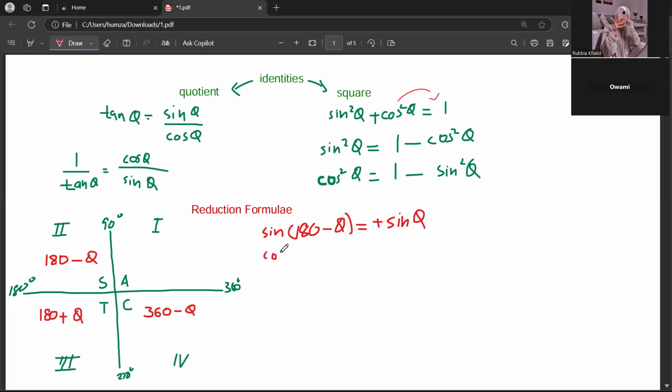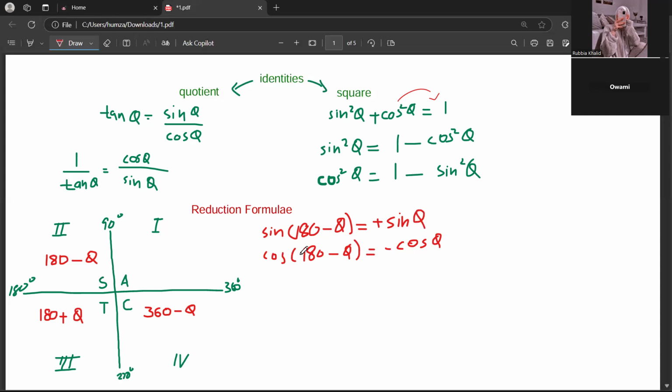Another thing, if I give you cos 180 degrees minus theta, then this means that it is equal to minus cos theta. Why minus cos theta? Because again, 180 degrees minus theta lies in the second quadrant, and only sine is positive in the second quadrant.